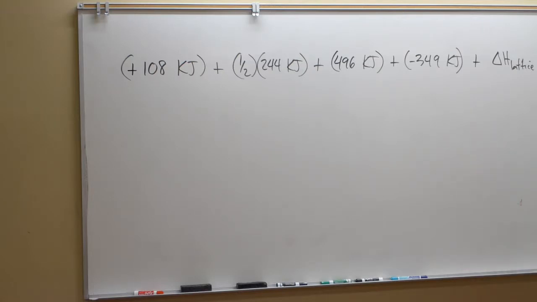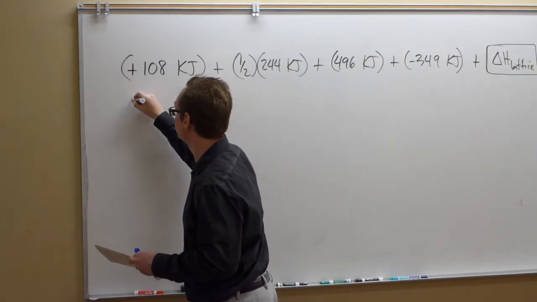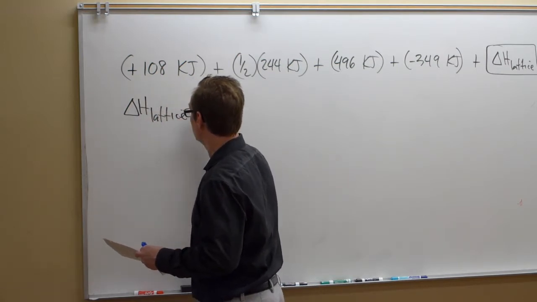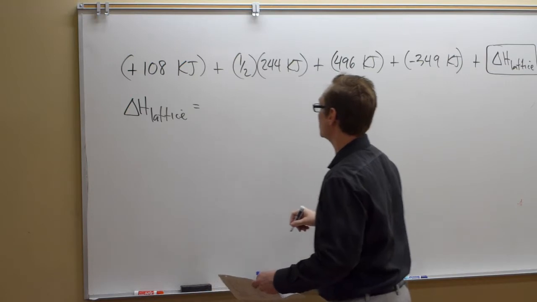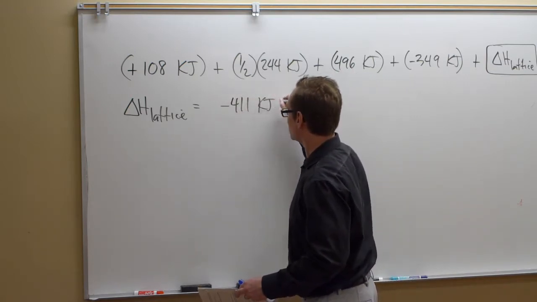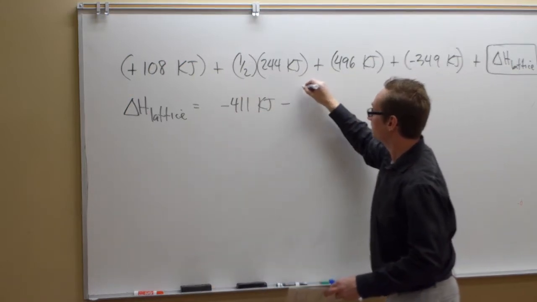So algebraically, does this look like a pretty easy problem? It does, right? So at this point, all we have to do is rearrange this equation to solve for the lattice energy. All right, so delta H lattice is going to be equal to negative 411 kilojoules minus everything on this side.